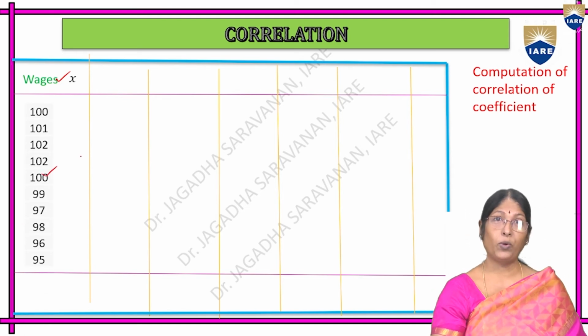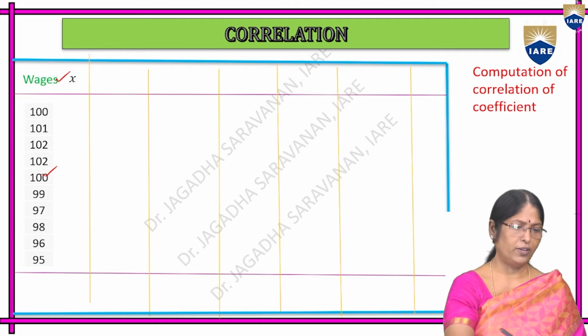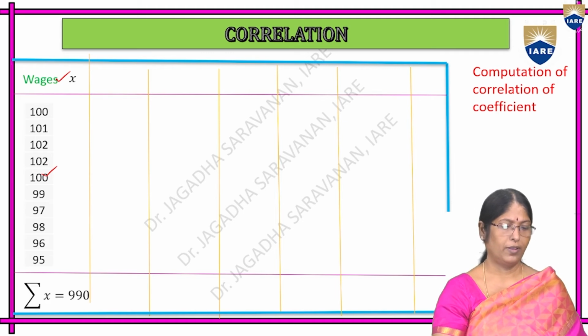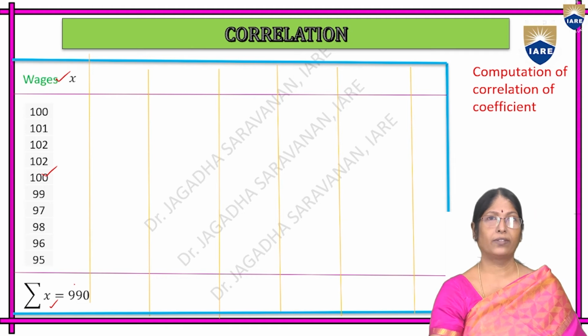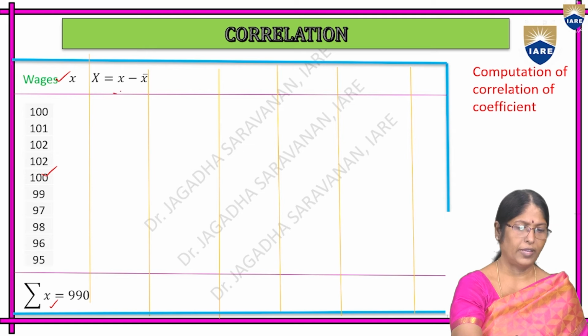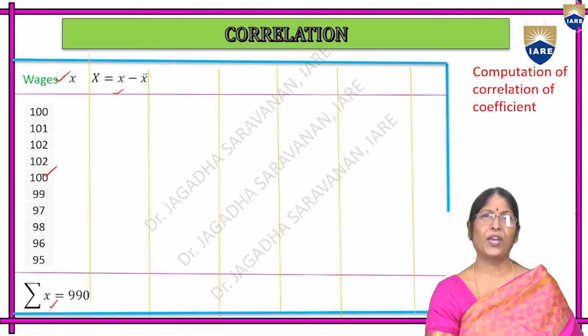The 10 data values which are given are listed here. We are finding summation X, which is 990. Here, the capital X we are finding. Why suddenly do we have to introduce capital X?